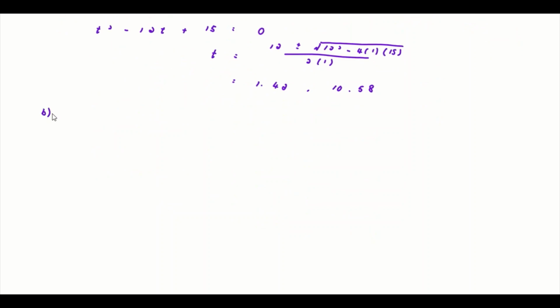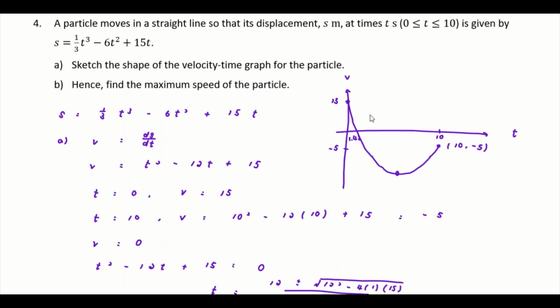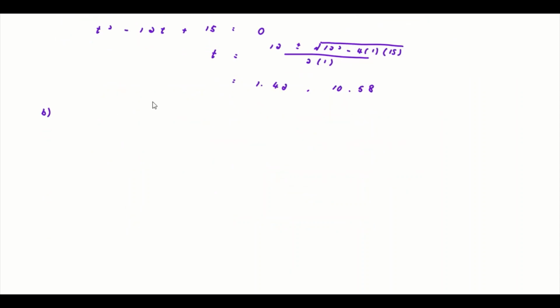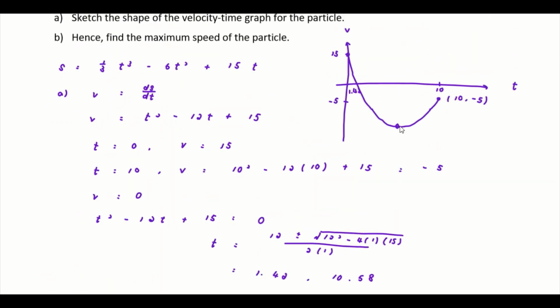So now we have 2 points that we already know. The first one is when t equals 0, then v is equal to 15. So this is one of the possible answers. The other one will be at the minimum point here, because we ignore the negative sign. This cannot be the maximum already by looking at this graph.